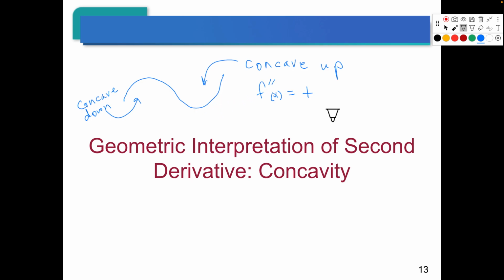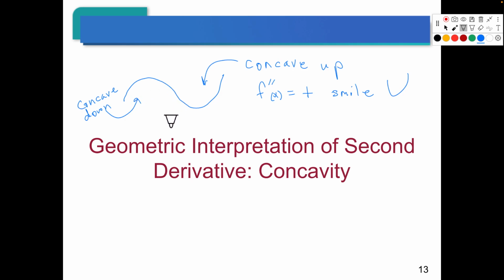And the only way I remember this is positive things make you smile, right? Positive things happen to you, you're going to smile, hopefully. So I just remember this gives a smile, so that's concave up.